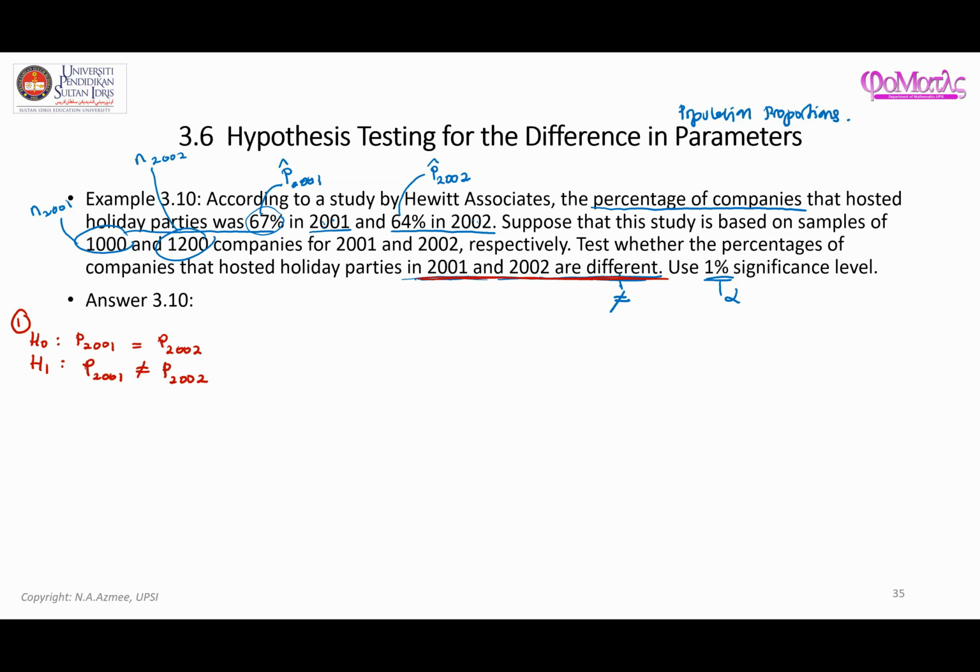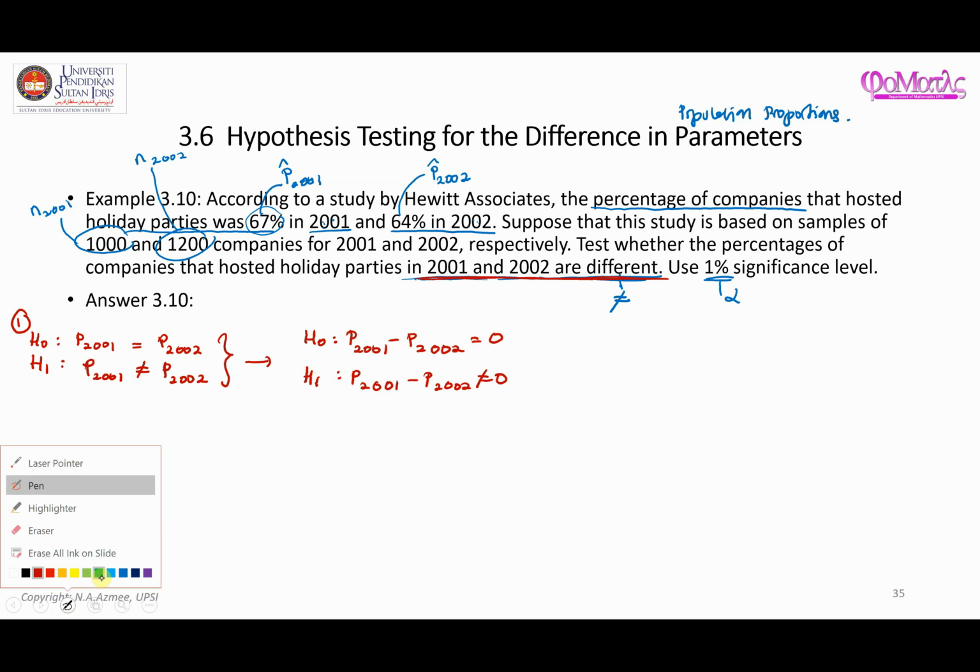Again, I prefer to write down this hypothesis statement in terms of H null: p for 2001 minus the proportion for 2002 equals 0, and H1 is the proportion for 2001 minus the proportion of 2002 is not equal to 0. So that's the final look of my hypothesis statements.